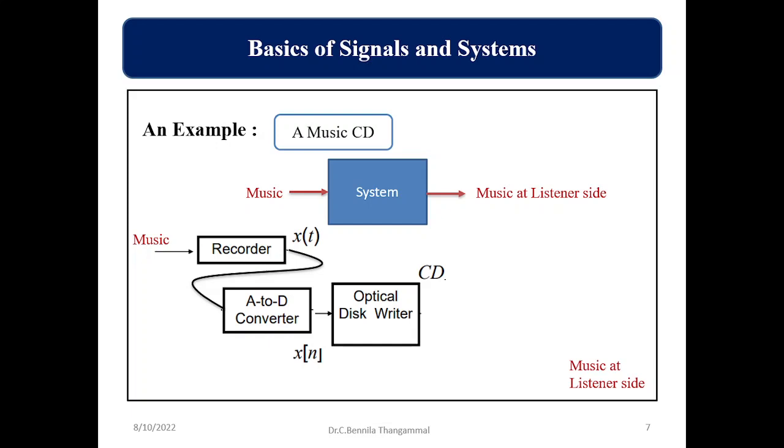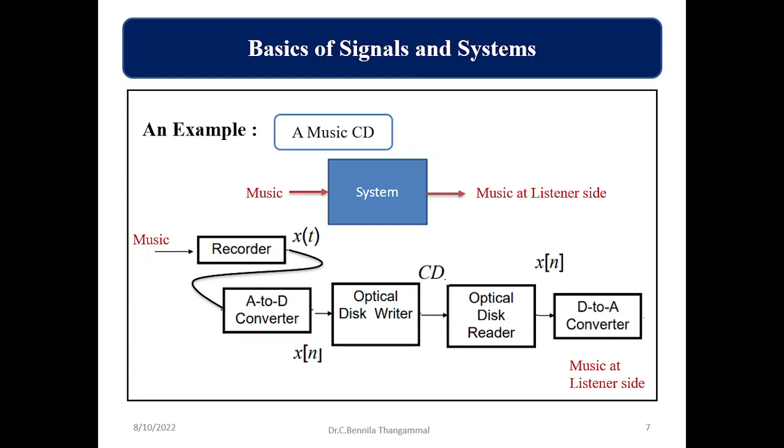Now the retrieving part. If I want to read the music from the CD, I use the optical disc reader to read the music. This will be a digital signal. The signal which we listen to is always an analog signal, so I convert the digital signal into an analog signal using a D to A converter.